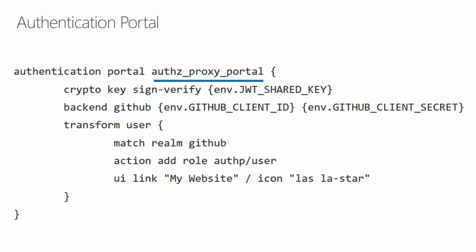Ordinarily when you land on the authentication portal, you see a screen with login options. But there is a way to go to the authentication portal and be redirected right away to GitHub. You just need to know the URL.